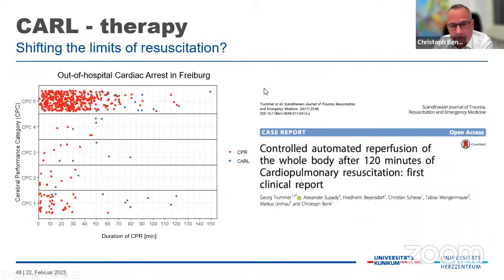So the first results, and now I'm showing you the same picture as in the beginning. The red dots are the conventional CPR, and the blue ones are the CAL patients. What we see now for the first time is patients resuscitated for an extremely long period, more than 1 hour, with an excellent neurological recovery with a cerebral performance category 1.